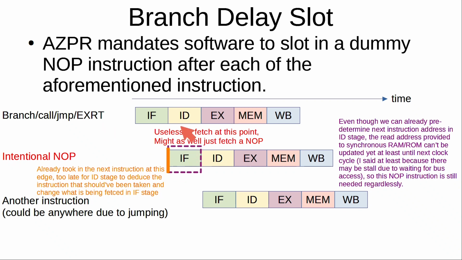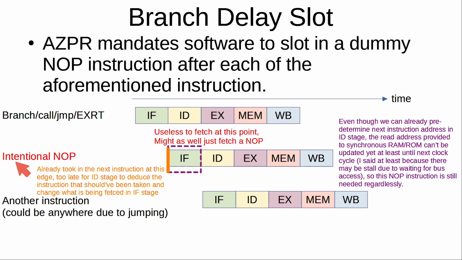And even though we can technically determine the branching address in the decoding stage, we are already too late to update the address register feeding into the synchronous RAM or ROM. As a result, since we are not using any branch prediction, we might as well just fetch a NOP instruction here.